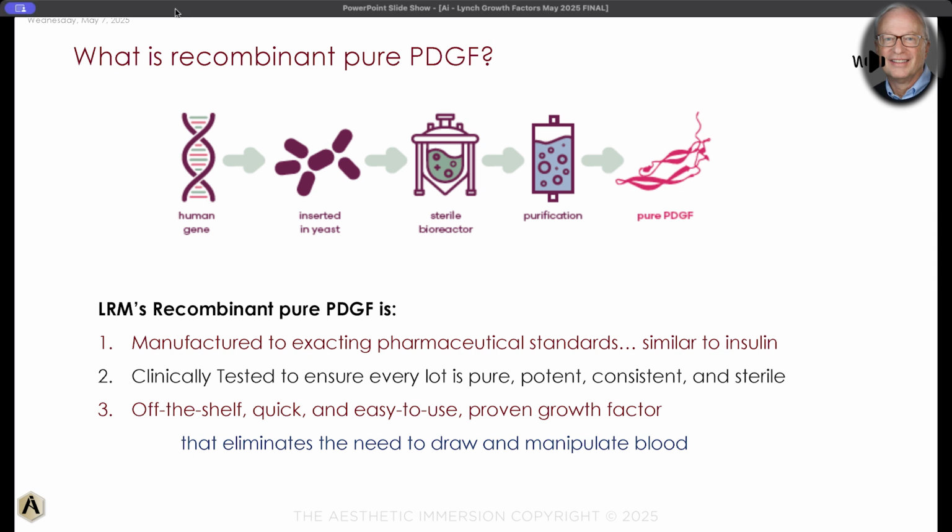Long story short, after a lot of years of blood, sweat, and tears, we were able to purify all the PDGFs, many of them, but we focused in on BB because, from a lot of experiments, we know that PDGF BB is the most important PDGF for tissue regeneration and wound healing.